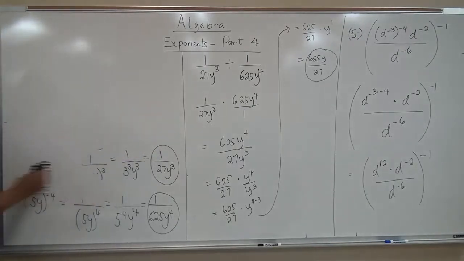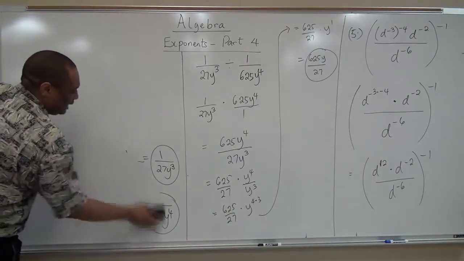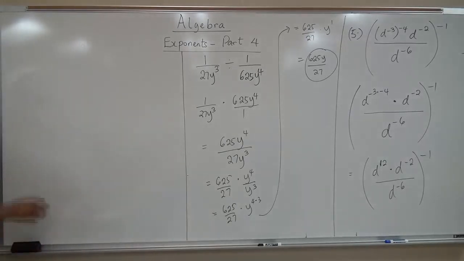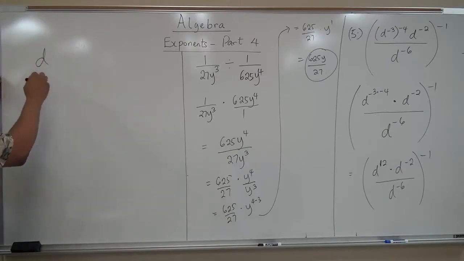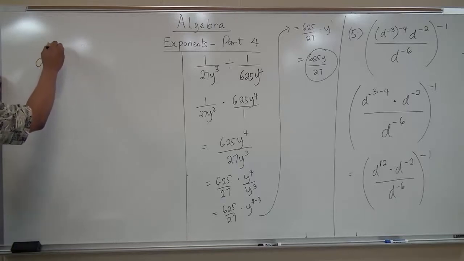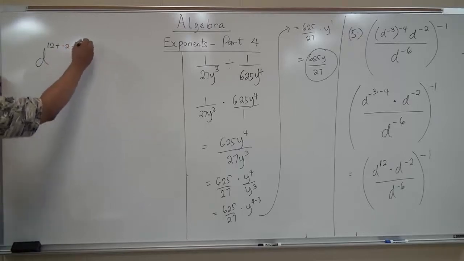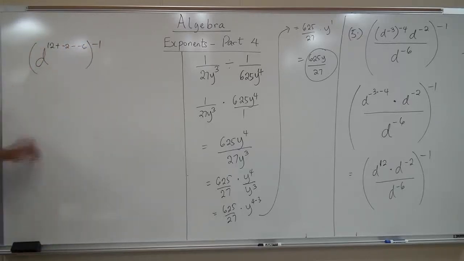So it's easier if you can just fix it. If it's homogeneous in d, you might want to just do it like that first. So this gives me just a single d. This is 12 plus -2, then minus 6, all exponent -1, from law of exponents.